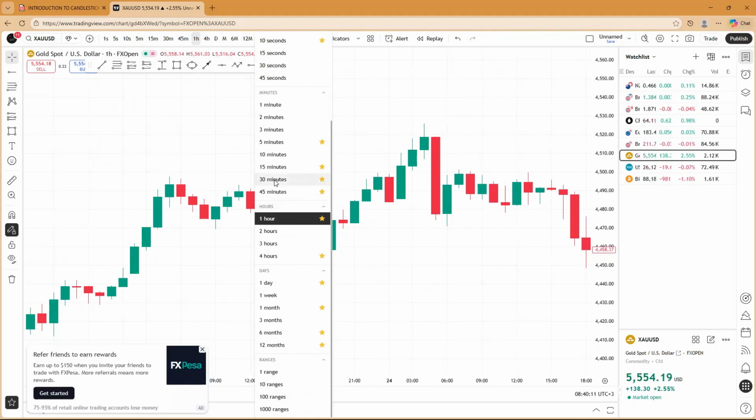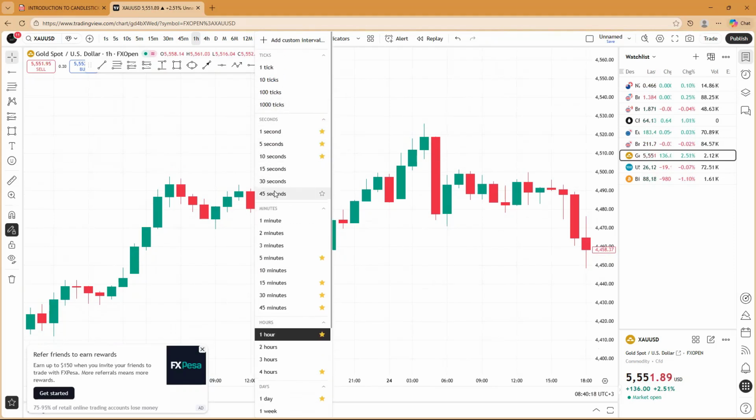As we continue, we have minutes: 45 minutes, 30 minutes, 15, 5, 3, 2, 1. We have seconds: 45 seconds, 30, 15. And of course, I don't know if someone can use seconds to trade, unless you're a machine and you have ticks. You have 1 tick, 10 tick, 100 tick, 1,000 tick.